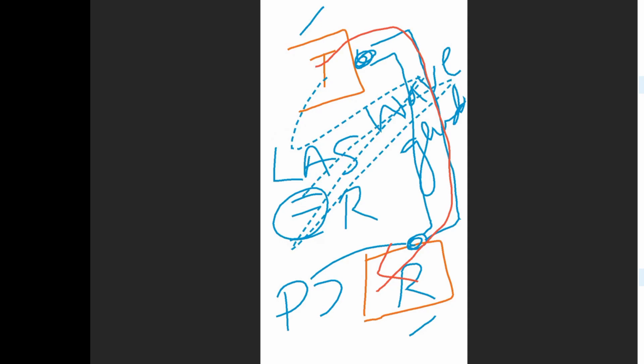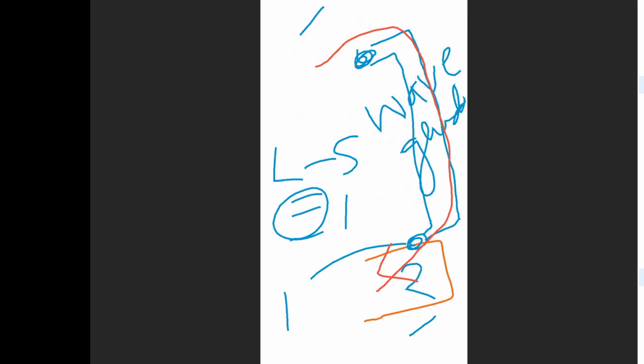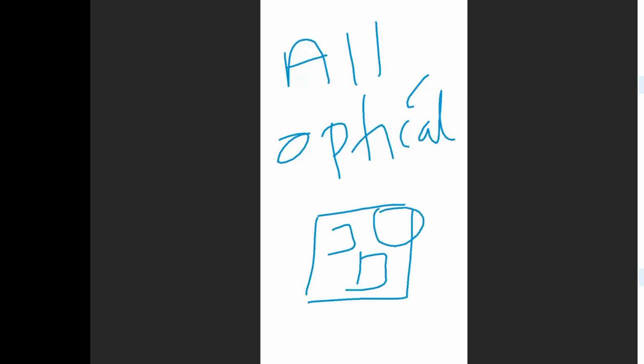All optical means, if you have seen a computer, you have a motherboard, and on the motherboard you have many small ICs, some power section, some sound section, some video section. So now you can think of all ICs being made up of optical components, and all the processing happening in the optical domain.